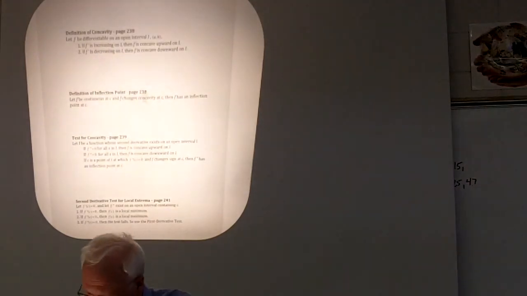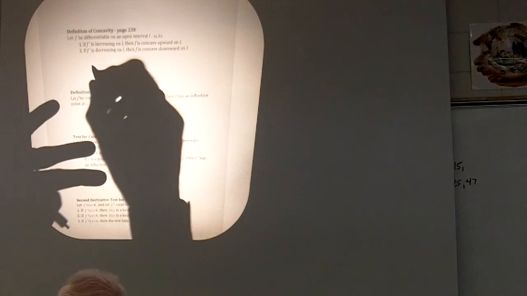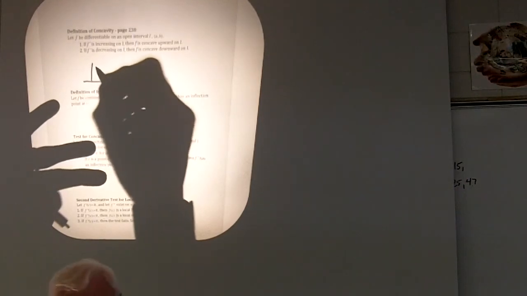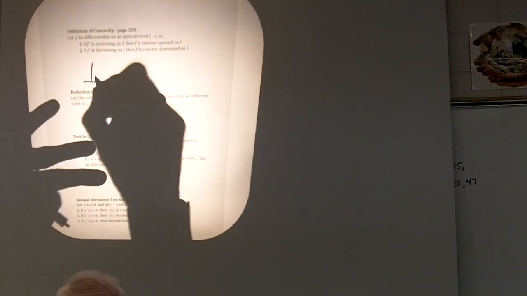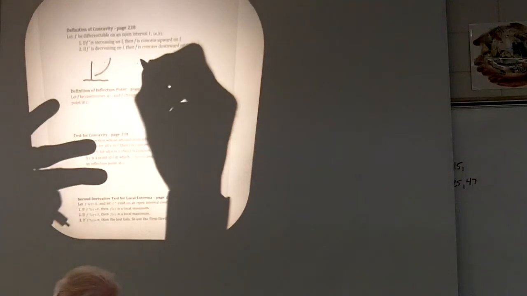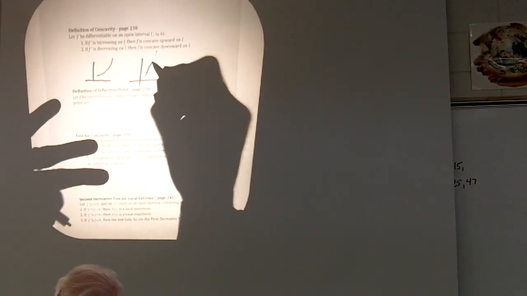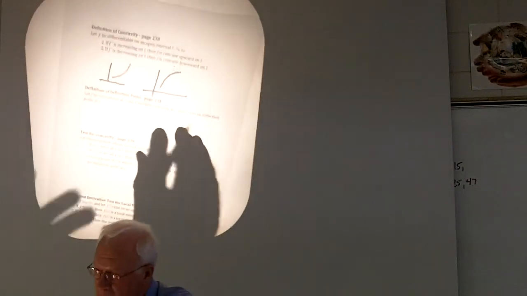That means this: here is the graph of this thing. It's increasing, not going straight, increasing like this. That's concave up. Now the second one, if it's decreasing, it's like this.